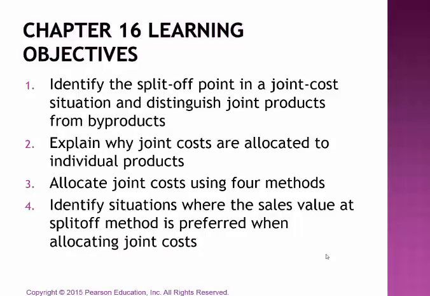We are going to identify situations where the sales value at the split-off method is preferred when allocating joint cost. And the sales value at the split-off method is actually going to be the first one that we take a look at.